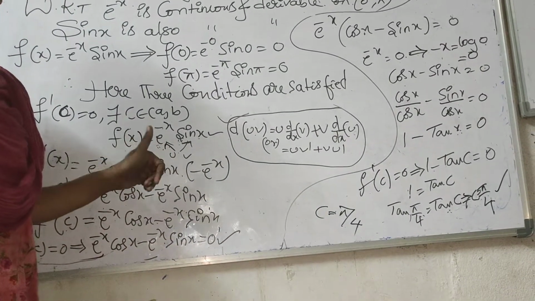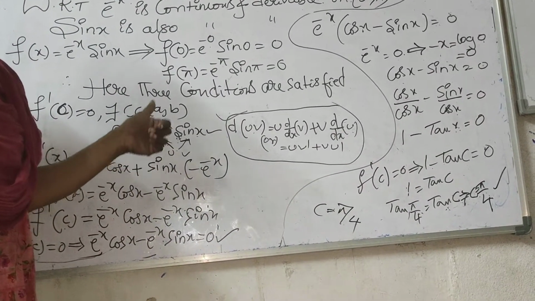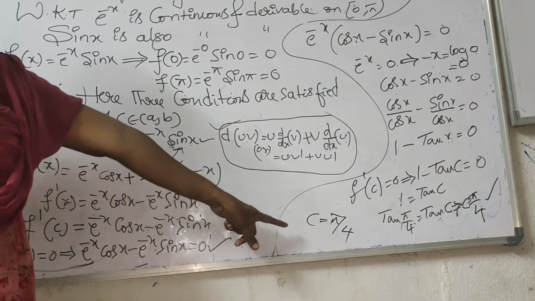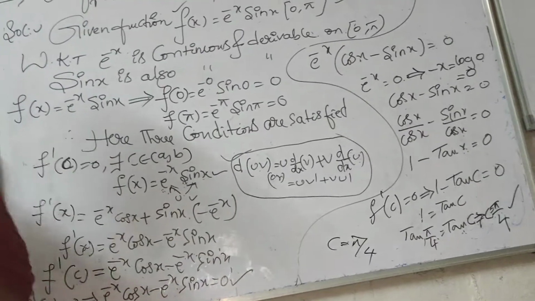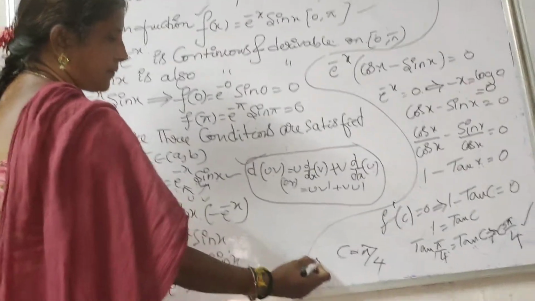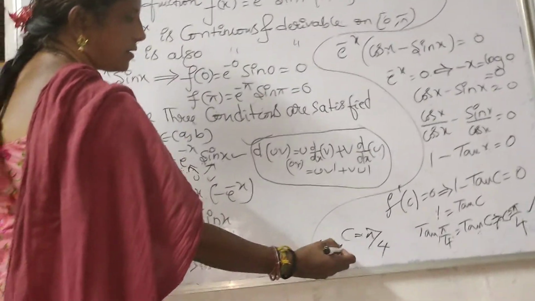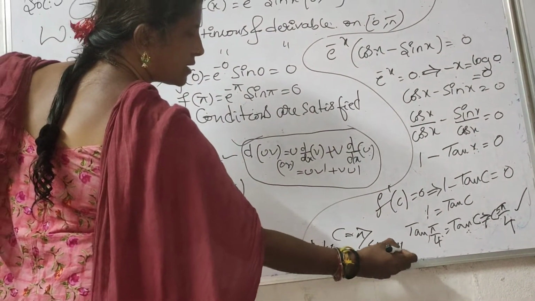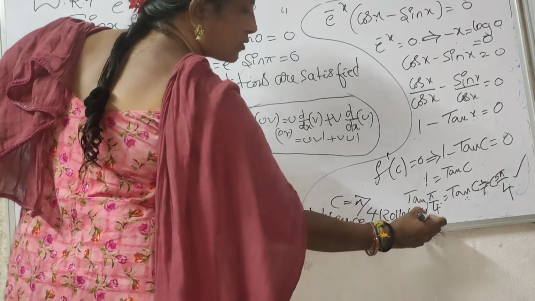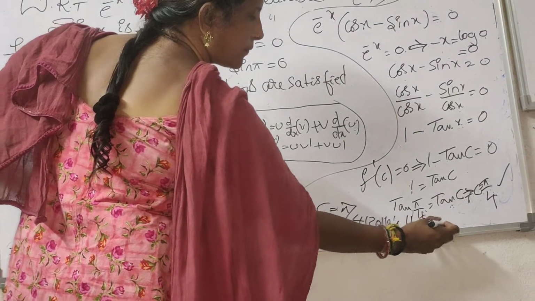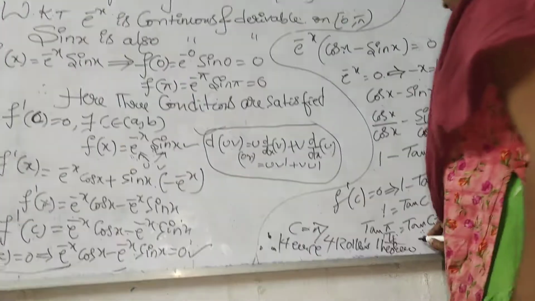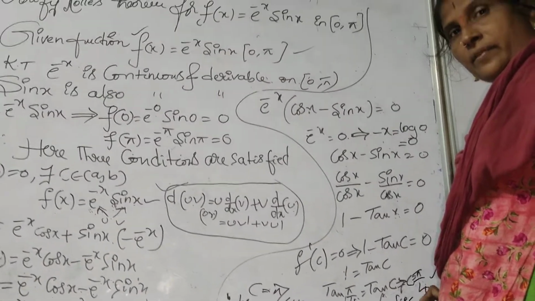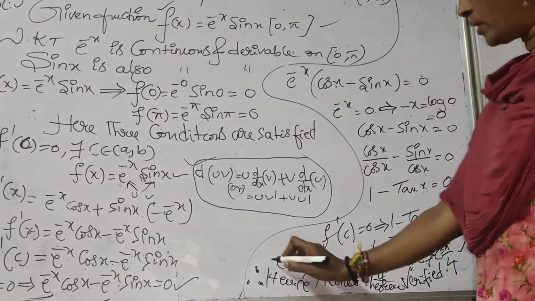Therefore c is in the interval 0 comma pi. Hence Rolle's theorem verified. Okay, thank you.